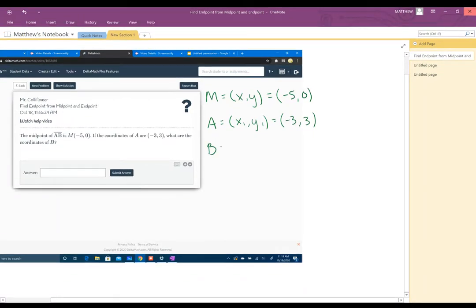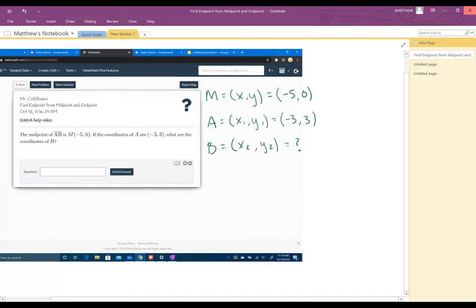And then my point B, which I need to look for, I'm going to say that it has points x2, y2. But I don't know what that's equal to. I need to find that.